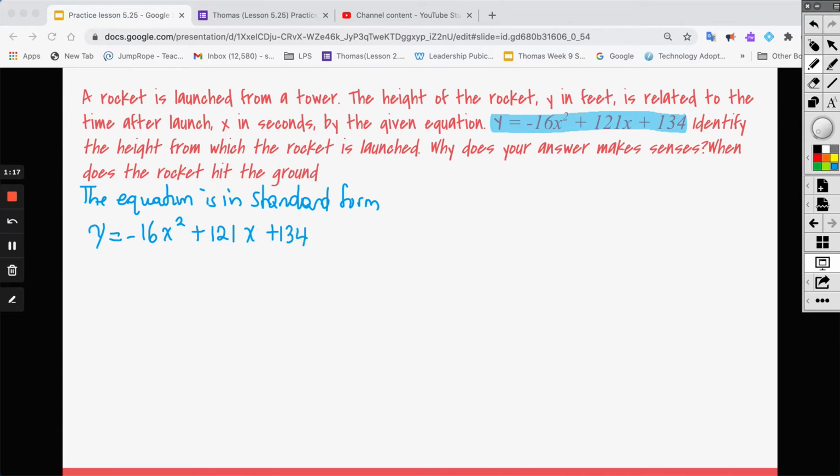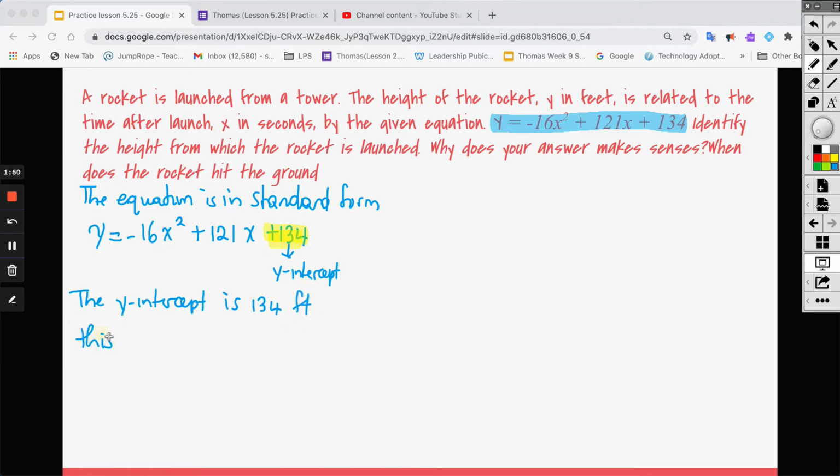And we know that the c term, which is just the number that stands by itself, that 134 is going to be the y-intercept. So the y-intercept is 134, and this is going to be feet.